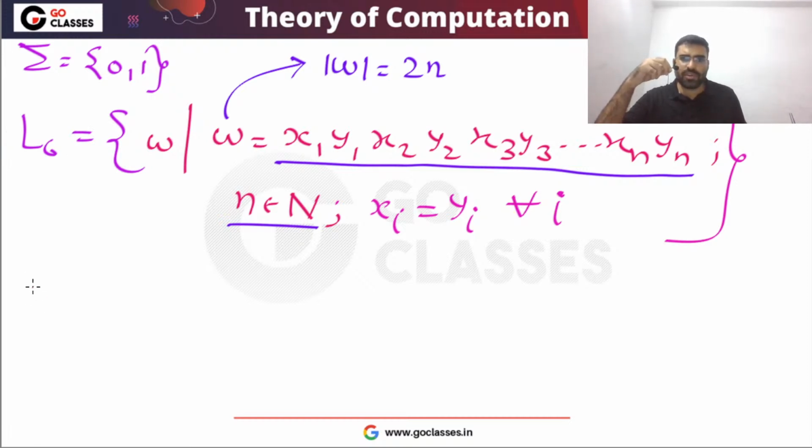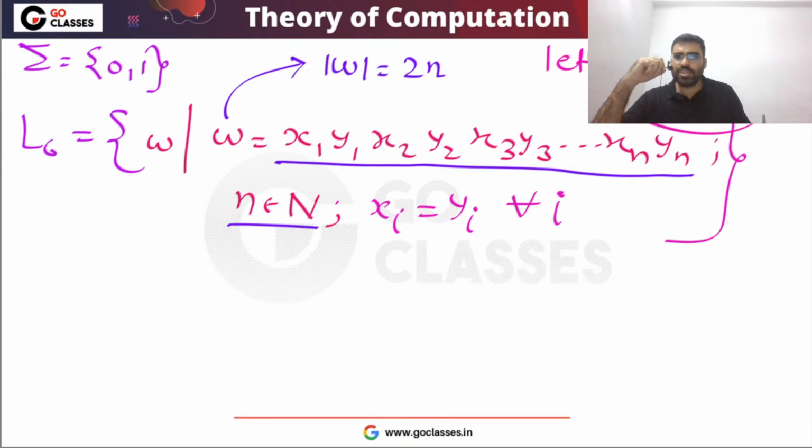If I put n equal to 0, remember, first it should be given whether 0 is a natural number or not. Some authors consider 0 a natural number, some authors do not. Let me assume that 0 belongs to the natural numbers. It is not a problem, because in the GATE exam, in any exam, they will tell you whether 0 is a natural number or not, so you don't have to worry about it.